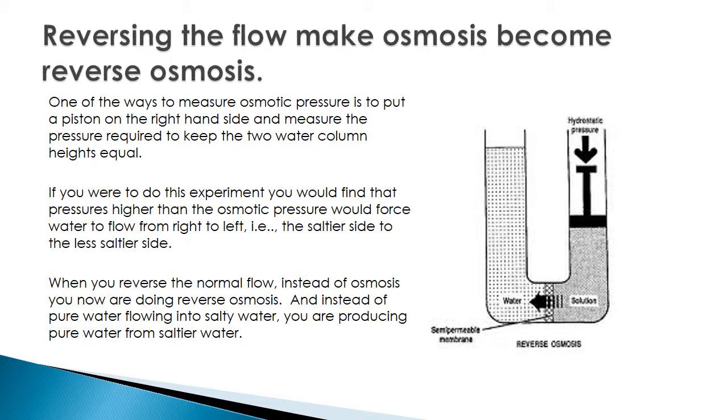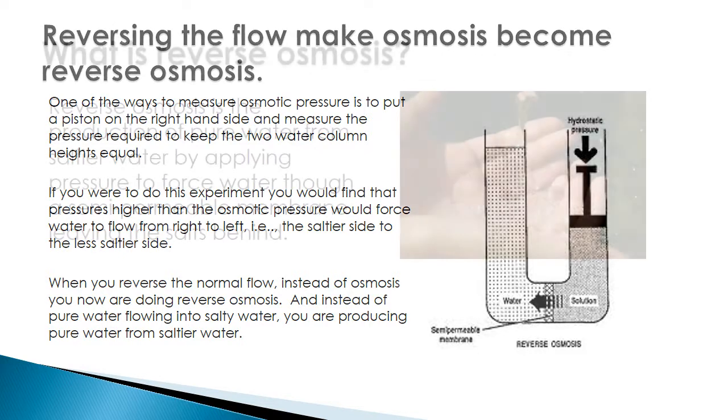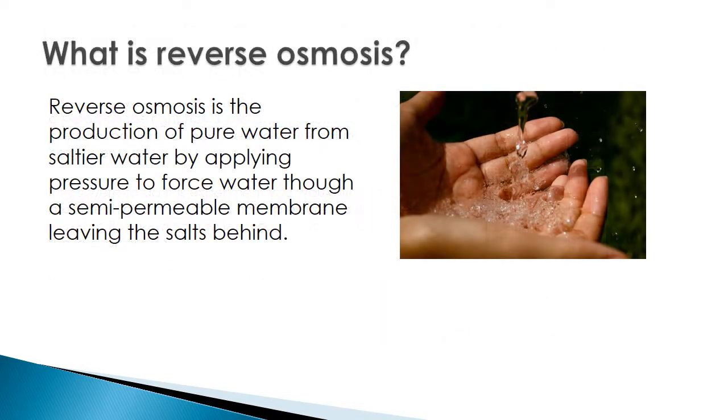When you reverse the normal flow, instead of osmosis, you are now doing reverse osmosis. And instead of pure water flowing into salty water, you are producing pure water from salty water. Reverse osmosis is the production of pure water from salty water by applying pressure to force water through a semi-permeable membrane, leaving the salts behind.